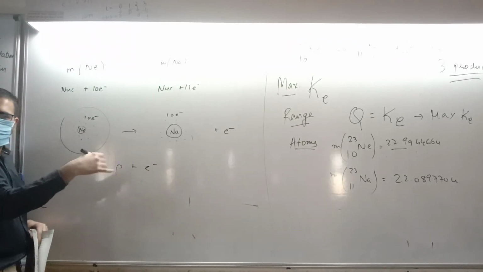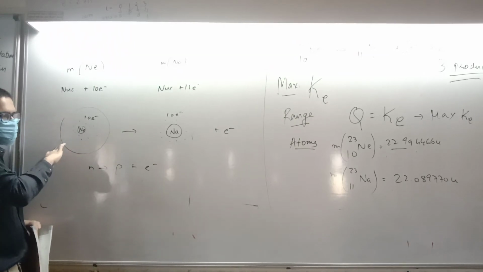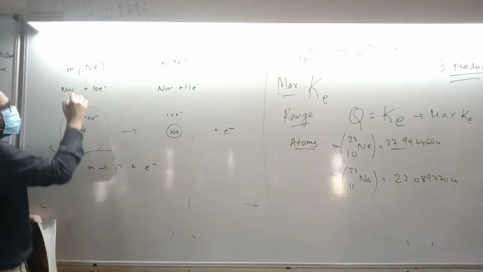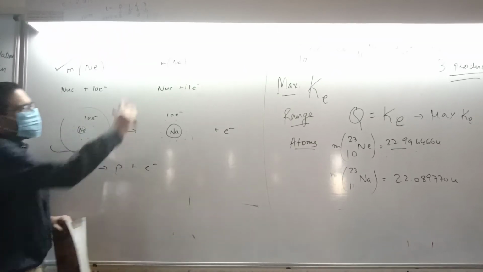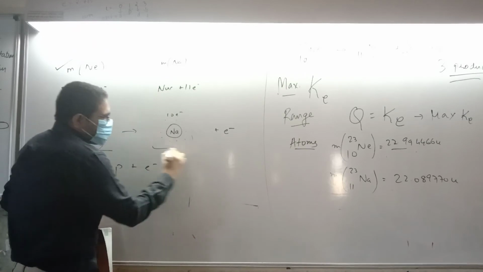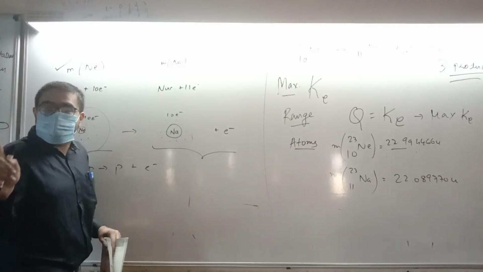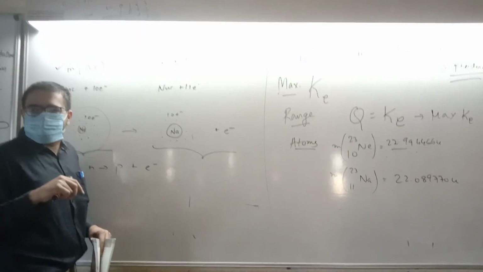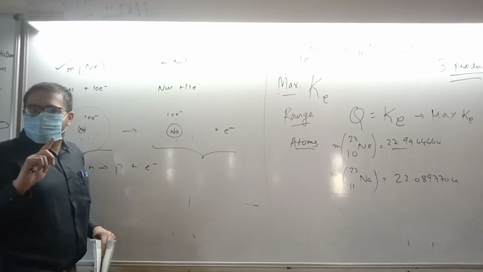Remember that? So now if you look at the reactant side and the product side, the whole reactant side has mass M of Ne: nucleus and 10 electrons. Look at the product side. The whole product side is made up of sodium nucleus and 11 electrons total. Not 12. Only 11, not 12. Why?